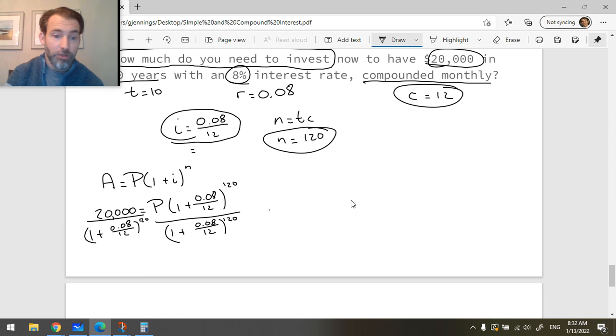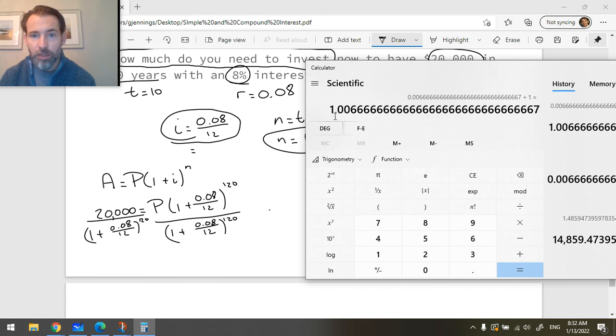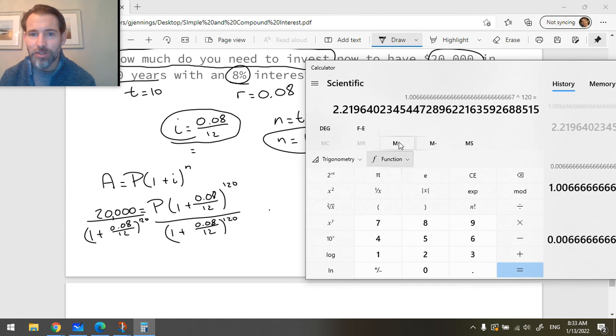But I'm going to punch this one first. So here, I have this number, that's I. I'm going to add 1. And now I'm going to raise that to the power 120, which will take this rather close to 1 number and make it rather larger. To the 120, equals, so there, the amount of growth.